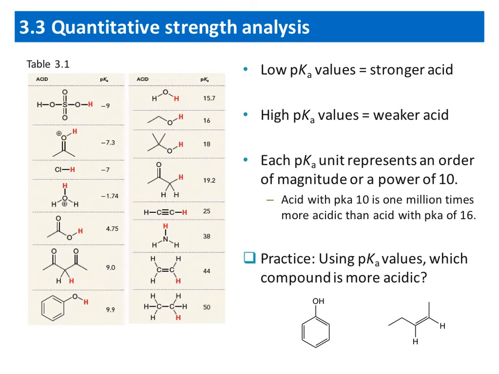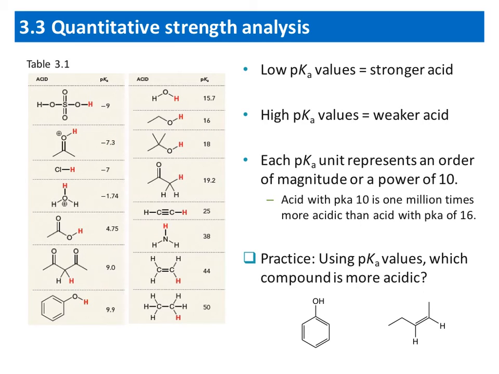Here are the pKa values. This table is from your textbook, table 3.1. These numbers are very important. You need to use them for quantitative comparison of acids and bases. So when you look at this table, the lower the pKa value, the more negative the number gets.